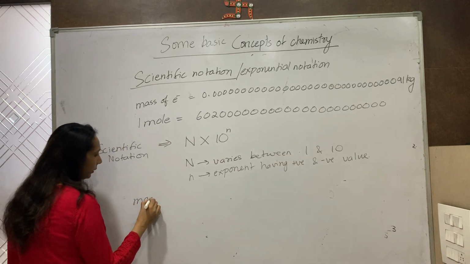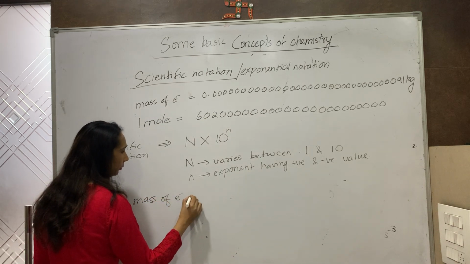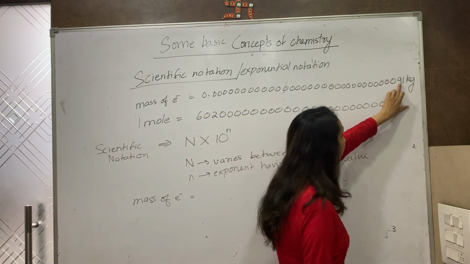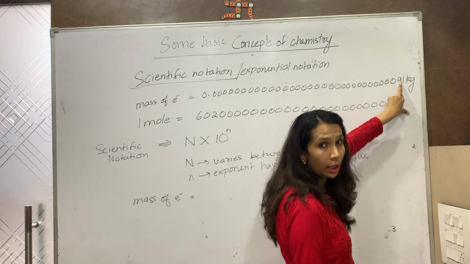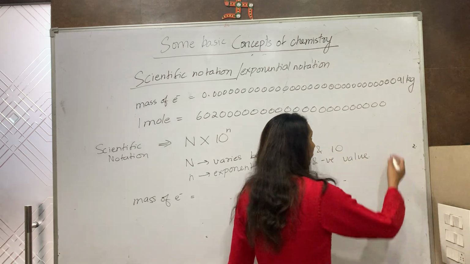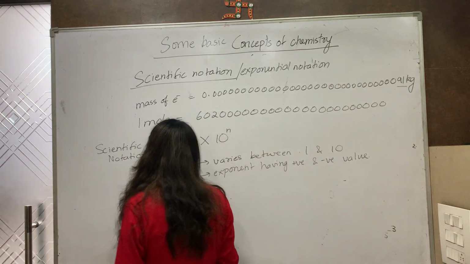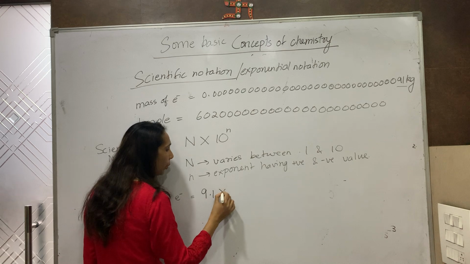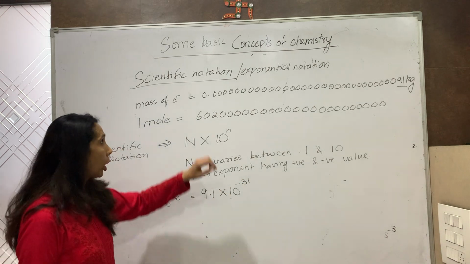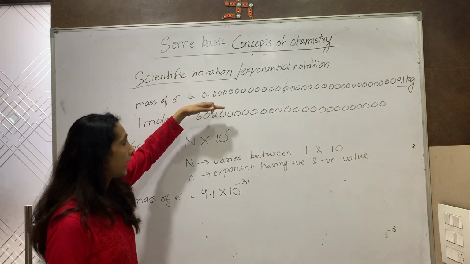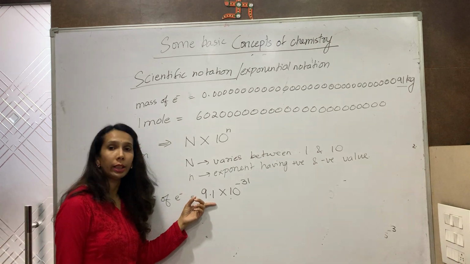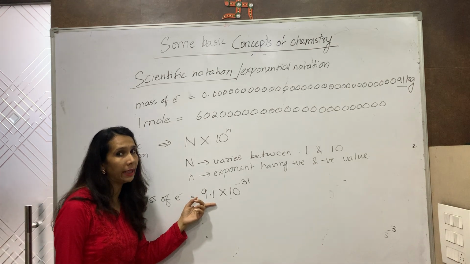Mass of electron. When I keep on counting these zeros till 9, I will find that there are 31 digits. So I can write it as 9.1 into 10 to the power minus 31. So in scientific notation, it is 9.1 into 10 to the power minus 31.